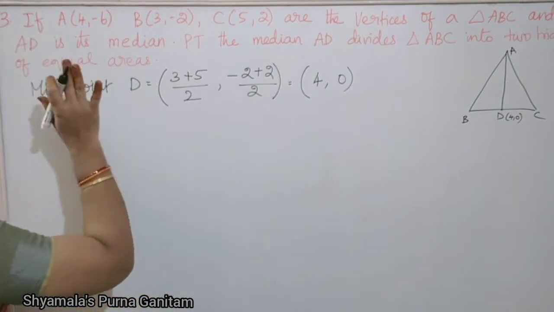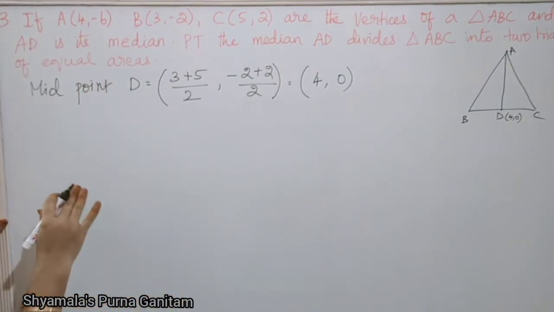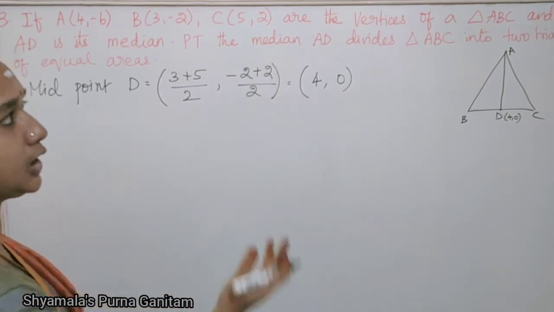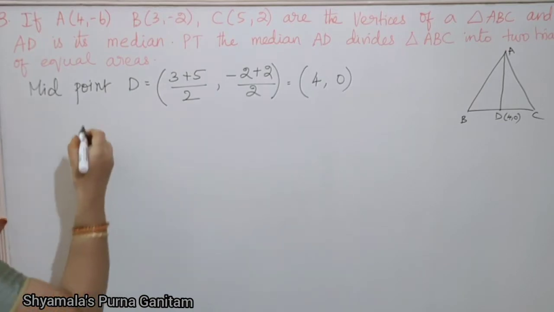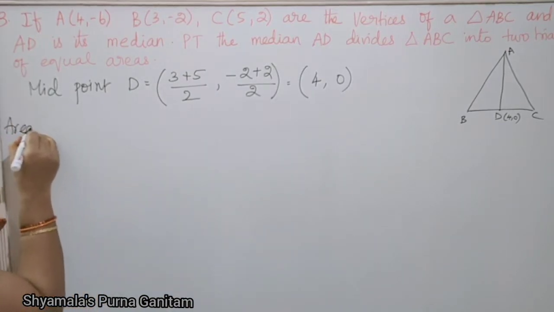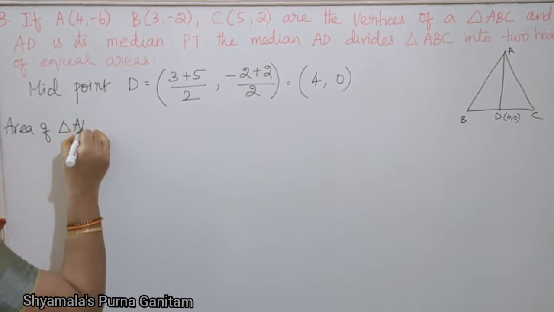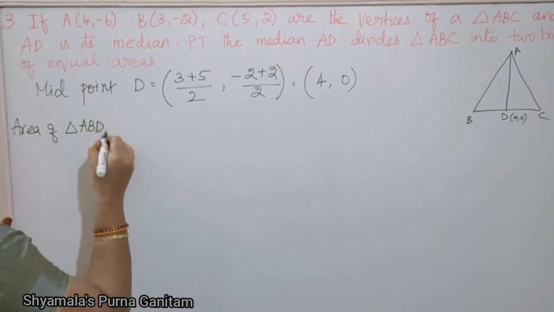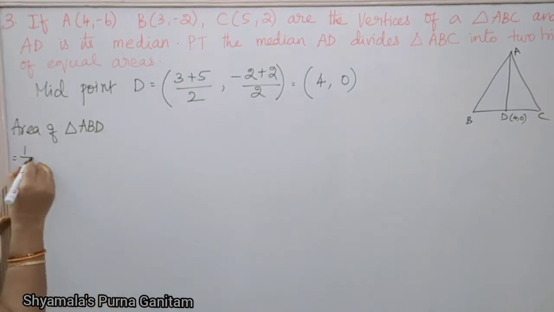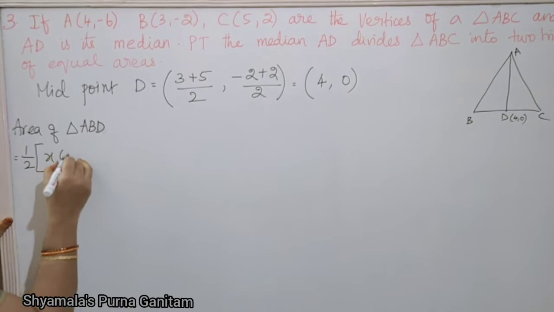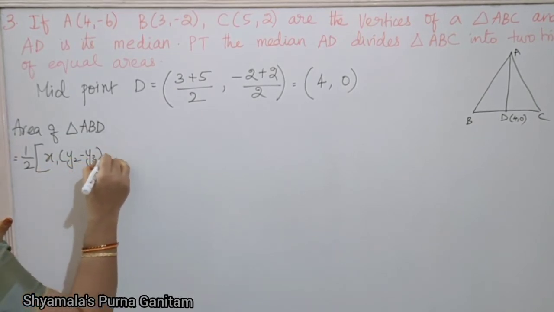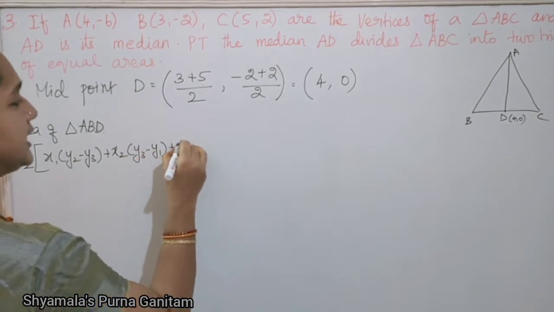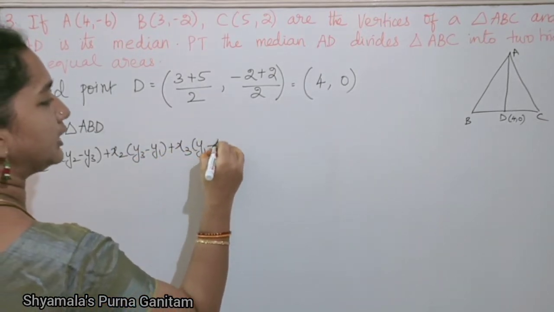Okay, so now we will find the area of triangle ABD and the area of triangle ACD, and we compare. If the areas are equal, that is all they are asked to prove. So the area of triangle ABD is equal to 1 by 2 into x1 into (y2 minus y3) plus x2 into (y3 minus y1) plus x3 into (y1 minus y2).